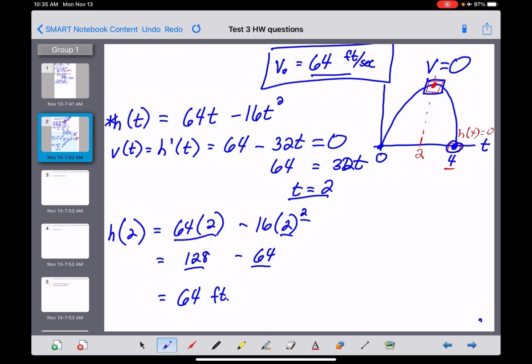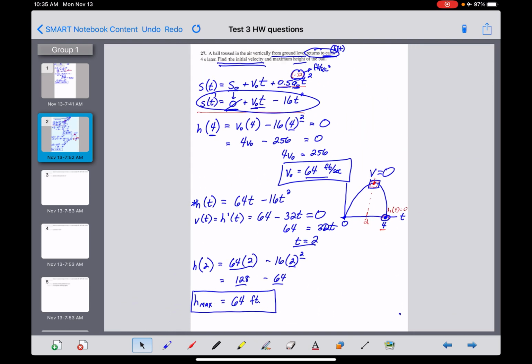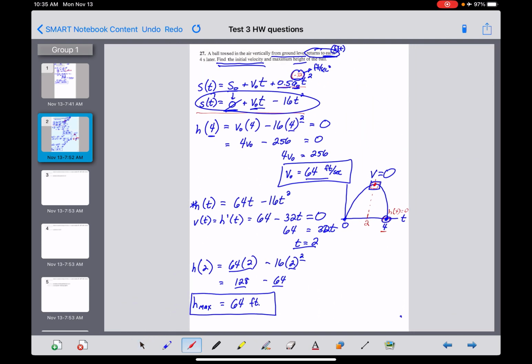So that would be, what would I call that, guys? H max, to go ahead now and answer the question that they asked right there. And those are the two things that they wanted in this problem, guys. We had our initial velocity right there of 64 feet per second and a max height of 64 feet. All right, and that's number 27 here in section 3.4.